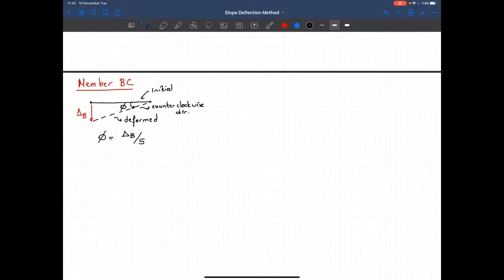Now let's calculate M_BC. So M_BC is equal to 2EI over 5 times (2 theta B plus theta C minus 3 times phi angle) plus 10 times 5 squared over 12.